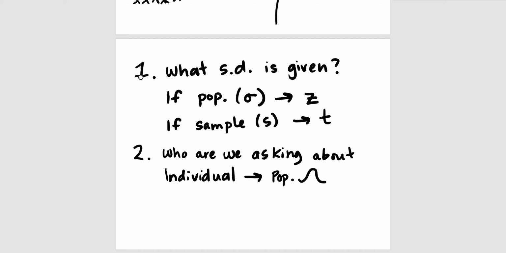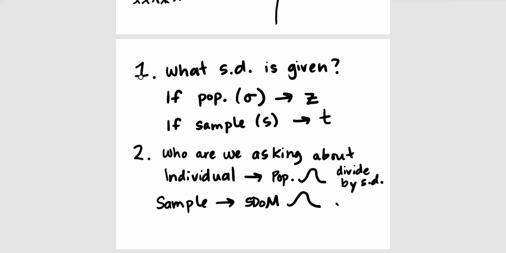Okay, so this means divide by just the standard deviation. If it's asking about a whole sample or a group of people, then you're going to compare to the SDOM, the sampling distribution, and you want to divide that by the standard error.